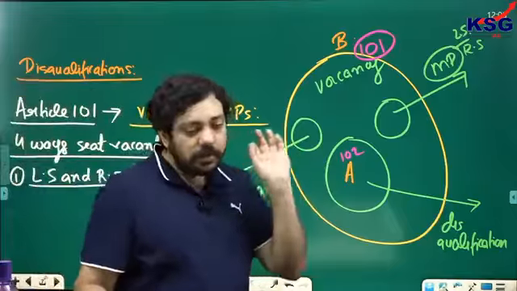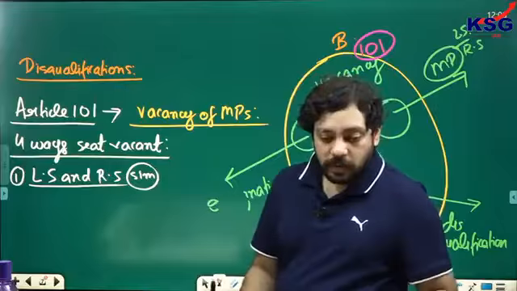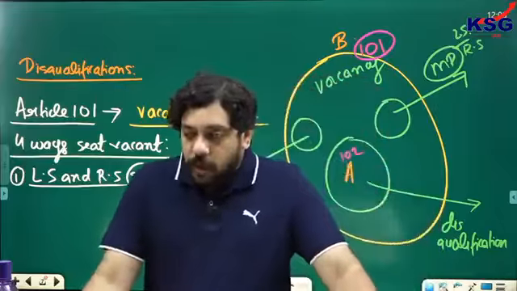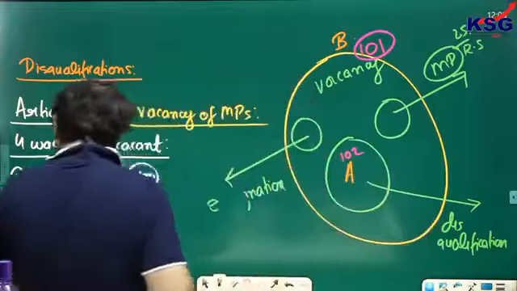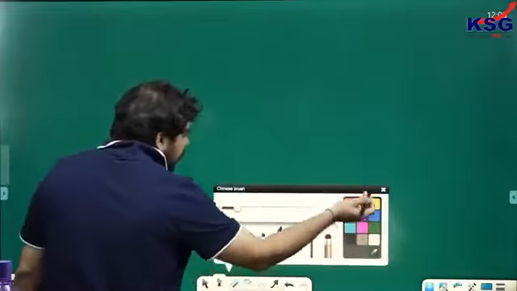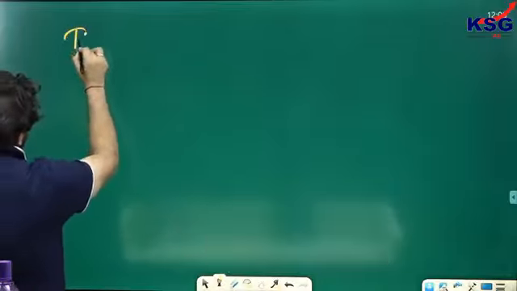Okay, look at this. Why do you have a provision like this? Let's try to understand the logic and rationale of it. Think about a situation like this. Let's say this is a political party, PPP.